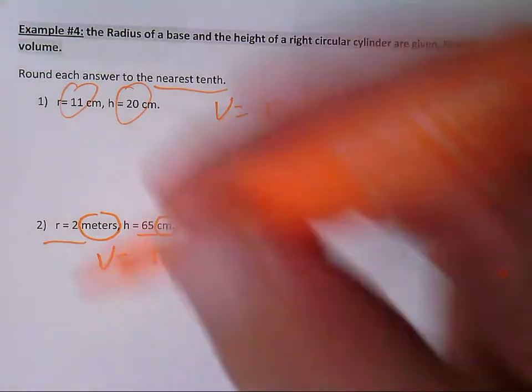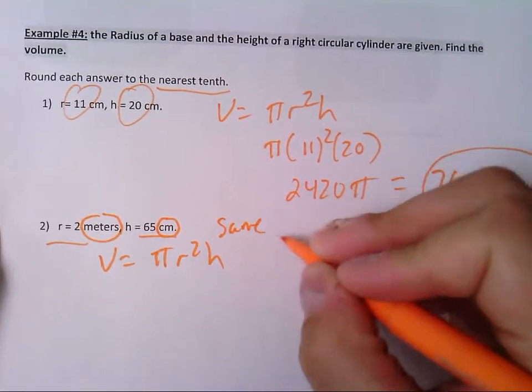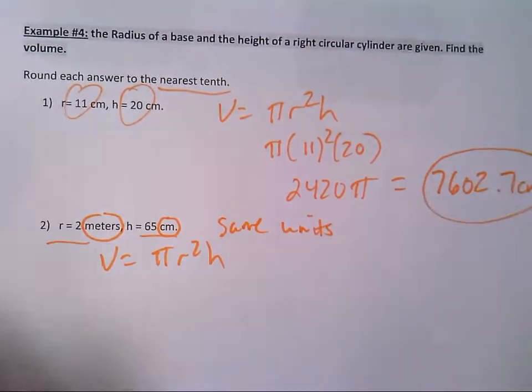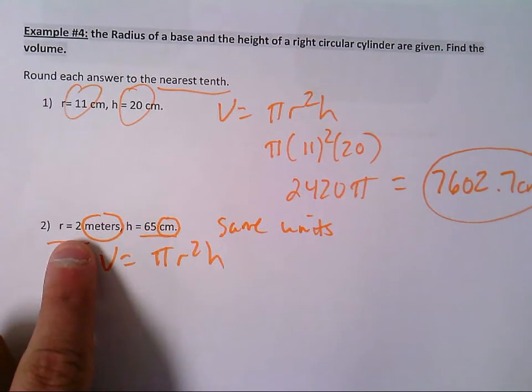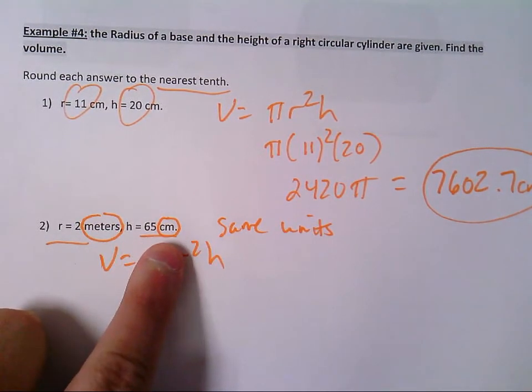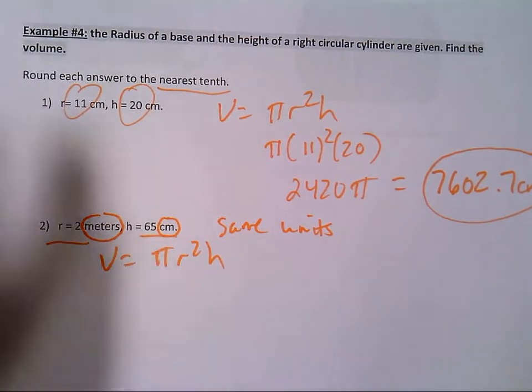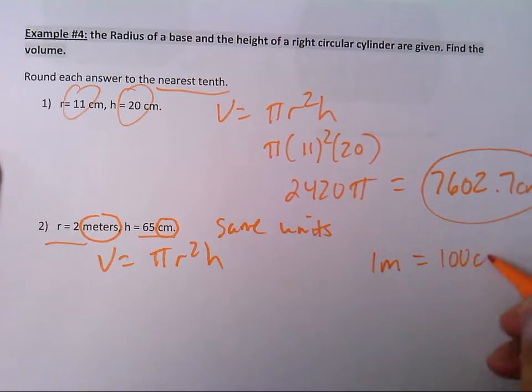So when you have a scenario where the units don't match, you have to have the same units before you can use this formula. All right, so your options are to convert meters to centimeters or to convert centimeters to meters. All right, so right now we know that 1 meter equals 100 centimeters.